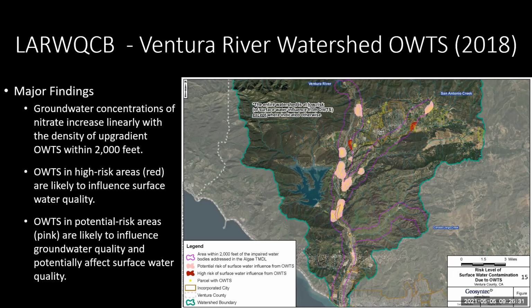Hi, sorry, I muted myself and then I couldn't. Well, let me rephrase it. I'm not really familiar with this info yet, and what it can do for the Los Padres in terms of thinking about how we can support this effort. My understanding of the pink area, so I might be wrong here, is that it's a potential risk of surface water influence, including contaminants like nitrogen, but maybe that's not part of it.